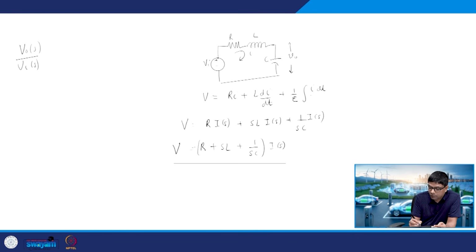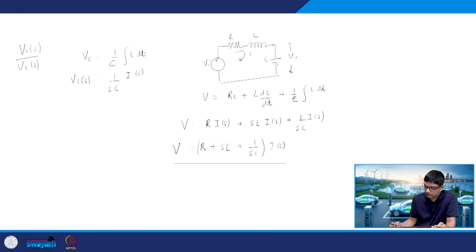Again, what is Vc here? Vc is 1 over C integral I dt. In the Laplace domain, Vc of S is 1 over SC times I of S.